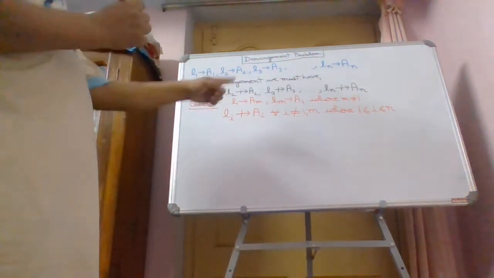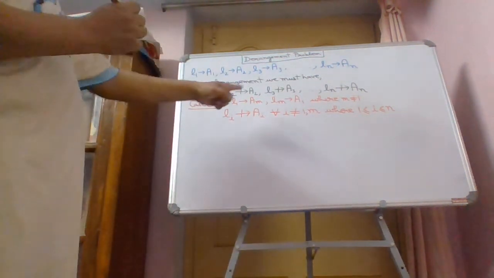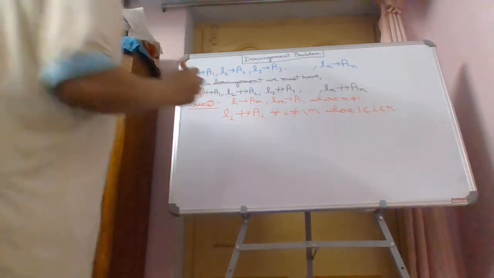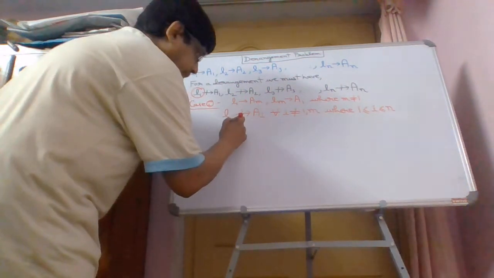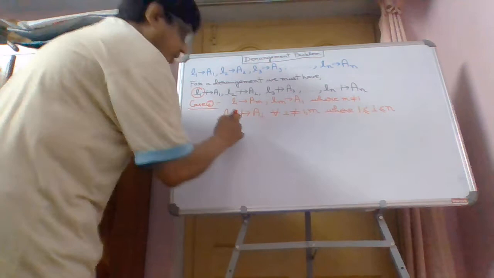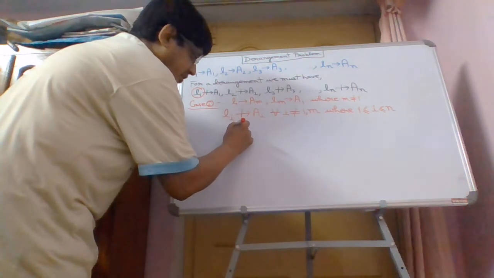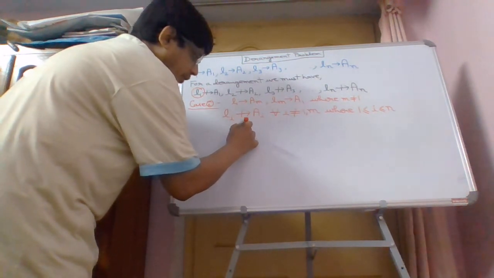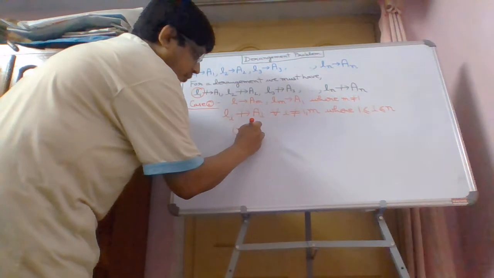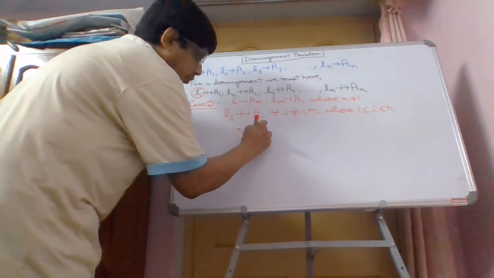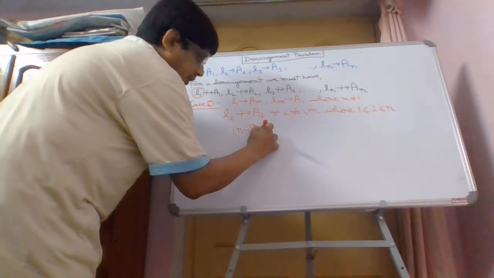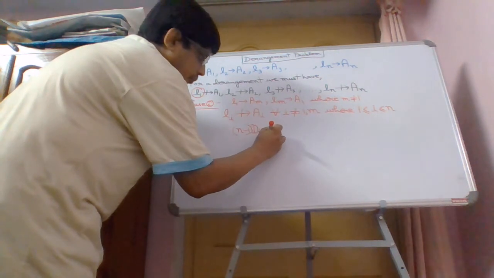Now L1 may interchange its destination with any one of the remaining n minus 1 letters. Therefore, the total number of possible derangements in this case must be equal to (n-1) times D(n-2).